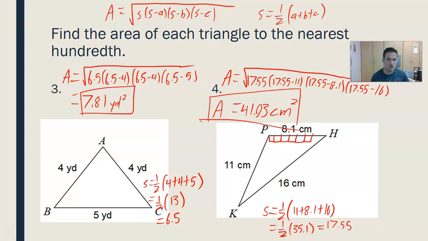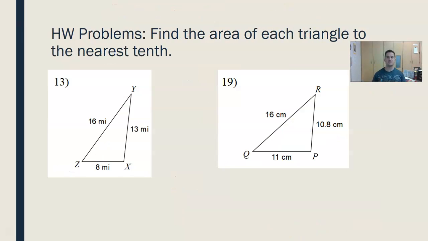Okay, let's do a couple of examples from your homework. Again, the other two homework examples I gave you were when I had a side, an angle, and a side given to me. These two examples are going to be where I'm giving you all three sides, so we'll use Heron's formula. So first, we're going to find S, which is 1/2 times the sum of all the sides.